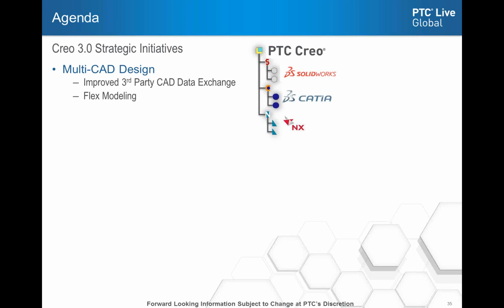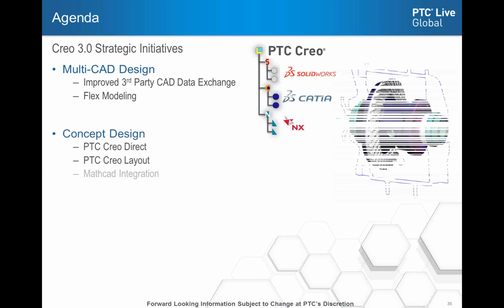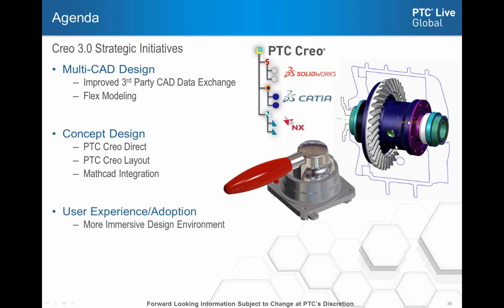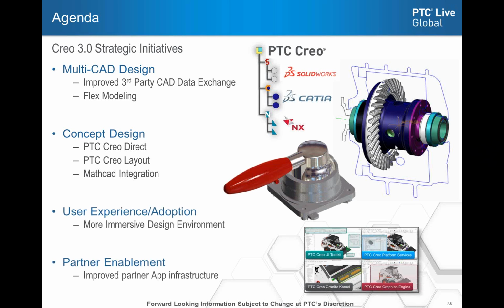And I'll come into more details on that in a moment. We also continued to expand out our concept design tools with significant work in Creo Direct and Layout. We also did a lot of work around user experience and adoption. And then we also did a lot of work on partner enablement.